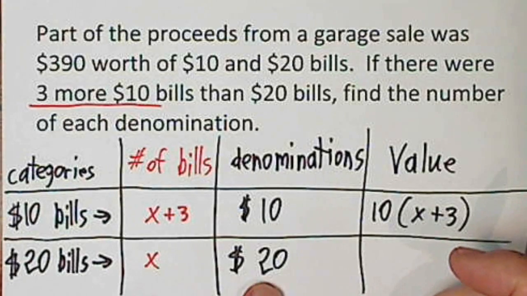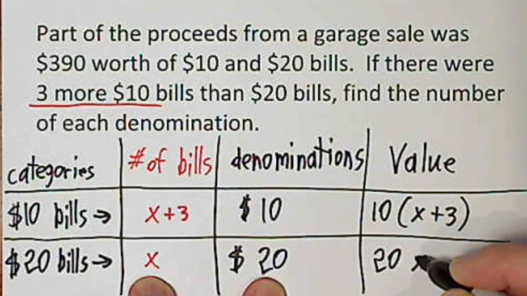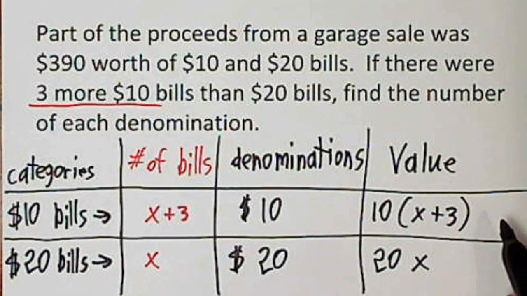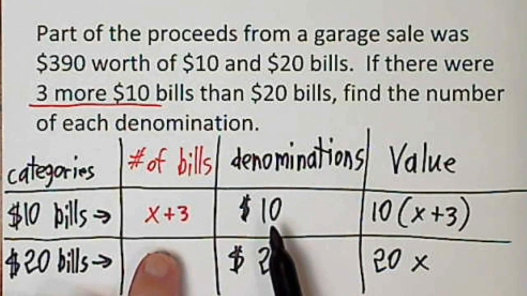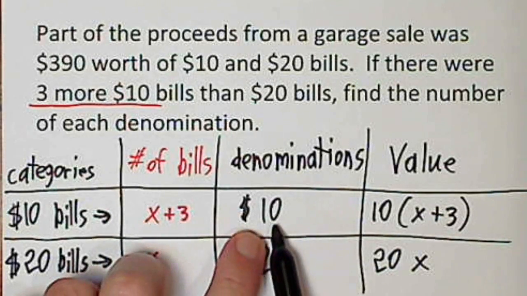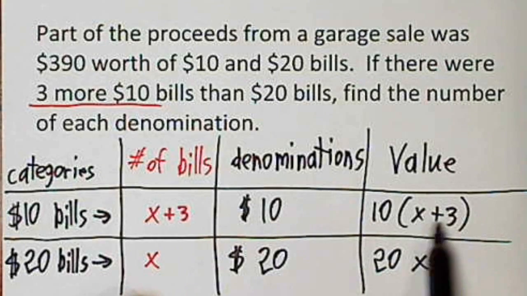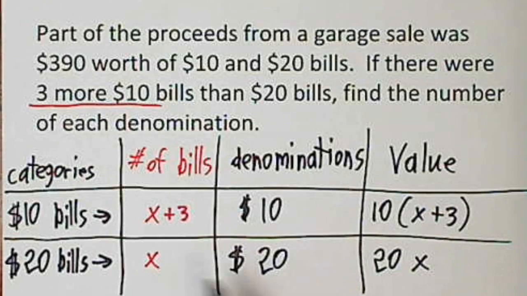And I have X number of $20 bills, so that's 20X. I want to be sure I said that right. I have X plus 3 number of $10 bills. That's X plus 3 $10 bills. And I have X $20 bills.